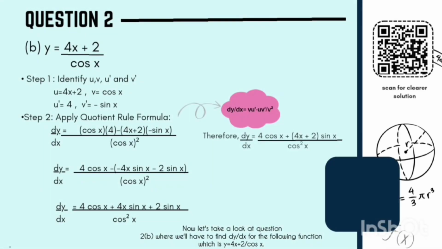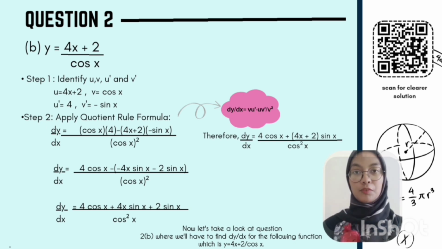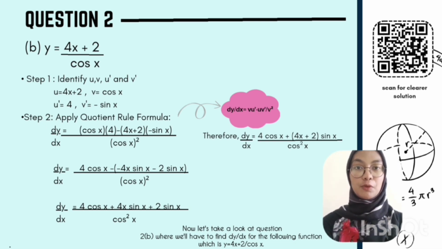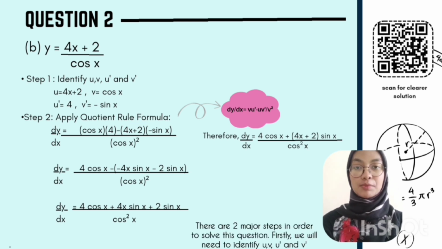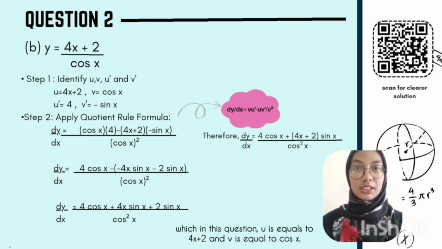Now let's take a look at question 2b, where we will have to find dy over dx for the following function, which is y equals (4x plus 2) over cos x. There are two major steps in order to solve this question. Firstly, we will need to identify u, v, u prime and v prime, which in this question, u is equal to 4x plus 2 and v is equal to cos x.